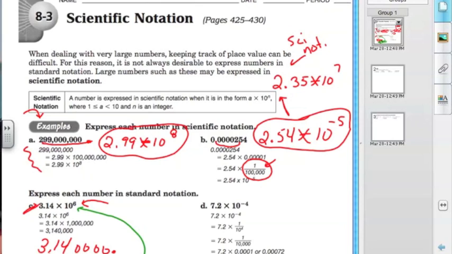Now the other piece is, if we have a negative exponent, that means we're going to actually divide by that number, so the number actually gets smaller. So we're going to move it in the negative direction. So we have 7.2. We're going to move it 4 places. So if I move it 1, how many more places do I need to go? 3 more.